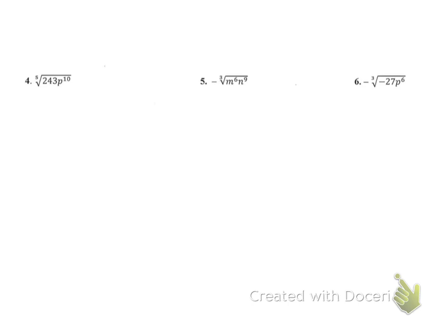All right, number 4, what's the fifth root of 243? 3. And then what is 10 divided by 5? 2, p squared. All right, number 5. The variable m, what's 6 divided by 3? 2. What's 9 divided by 3? 3.